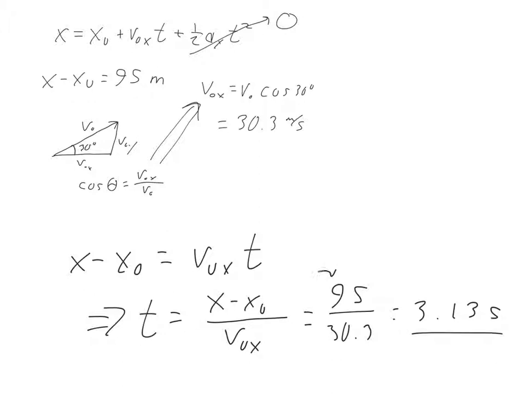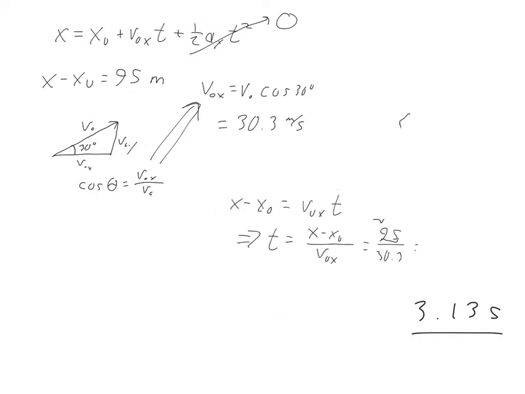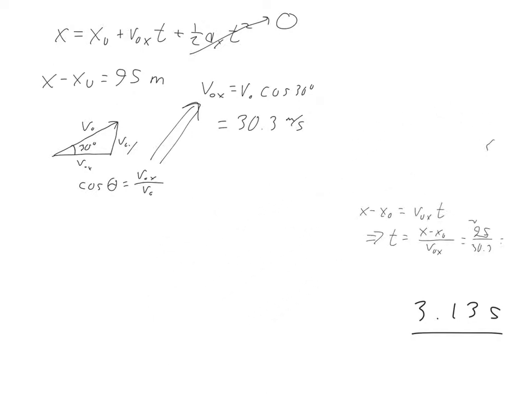So again, let's make ourselves a little bit of space. Set this over here and keep our time. So if we want to then look at the y displacement, y minus y naught equals v naught y t plus 1/2 a y t squared.